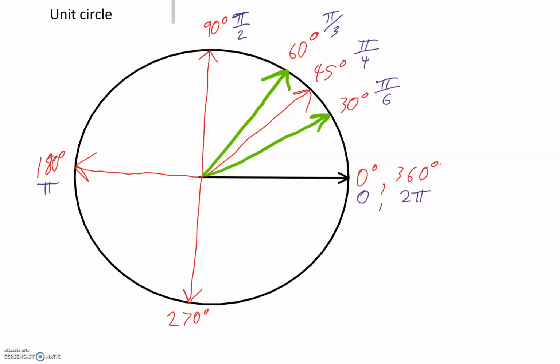All right, so now we have a lot of the basic ideas here. We can continue to break up our circle, and I will just finish it off for you guys.